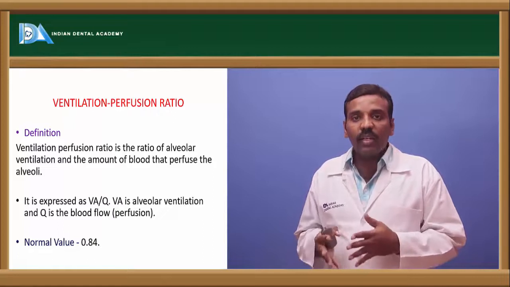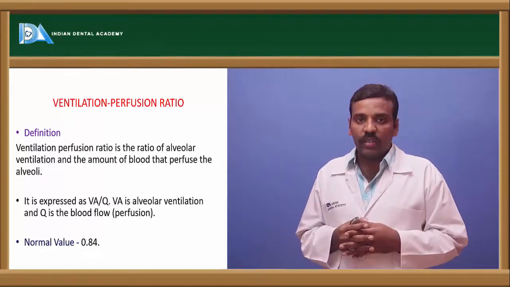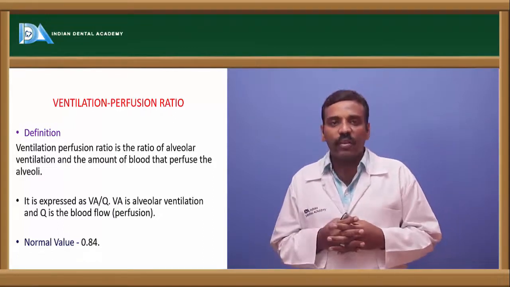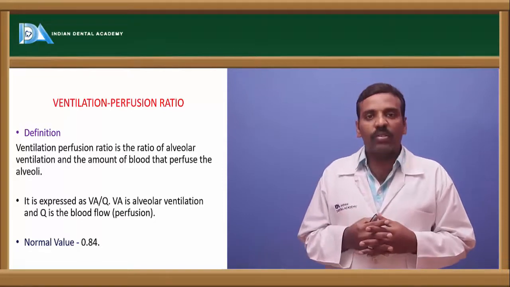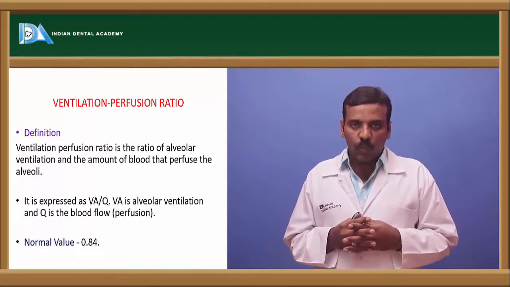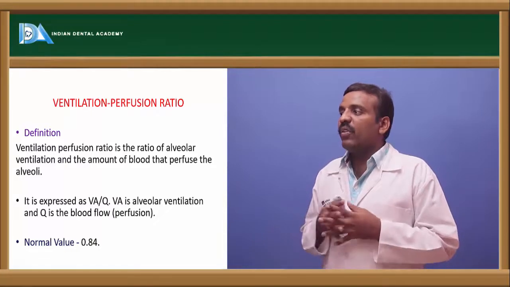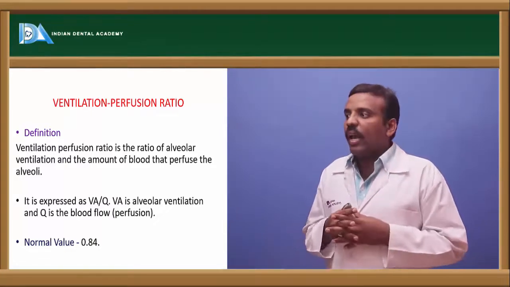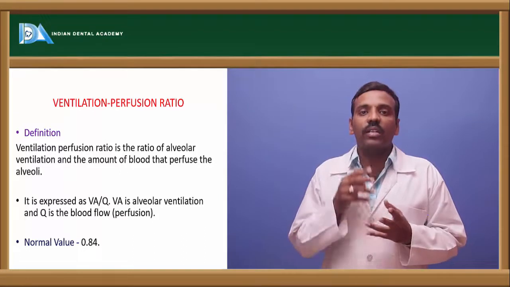It is expressed as VA per Q. VA is alveolar ventilation and Q is the blood flow, that is the perfusion.